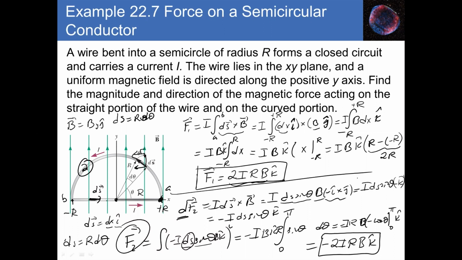This second component is parallel to the magnetic field, and that doesn't work. Remember ILB sine theta, so L and B cannot be parallel, otherwise there is no magnetic force for that portion. So that's why I have to use this component, which gives me ds sine of theta. That's where it's coming from.